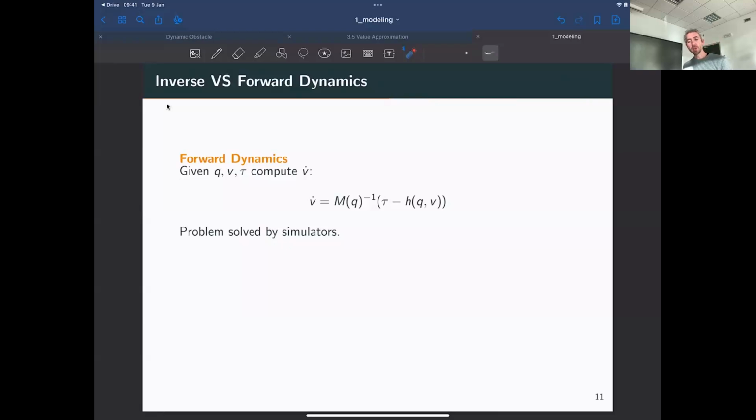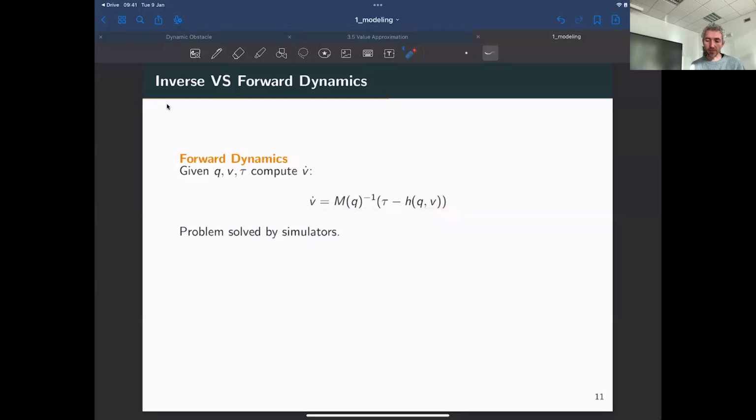Once we have written down the dynamics of the system, there are two main questions that we could ask ourselves to solve. One is the so-called forward dynamics problem. The forward dynamics is when you are given Q, V, and tau, so positions, velocities, and torques, and you want to compute the accelerations V dot. The forward dynamics is simply solved by inverting the mass matrix.